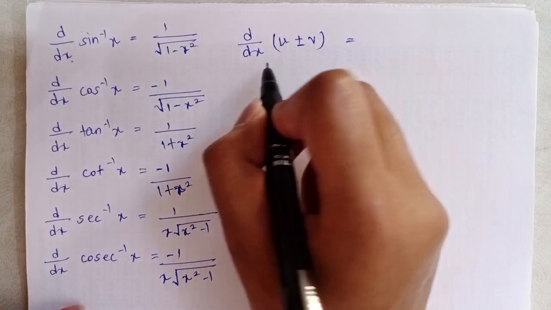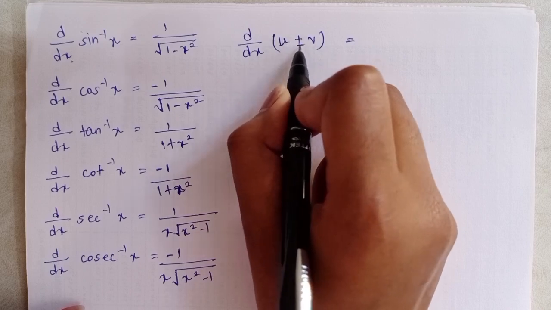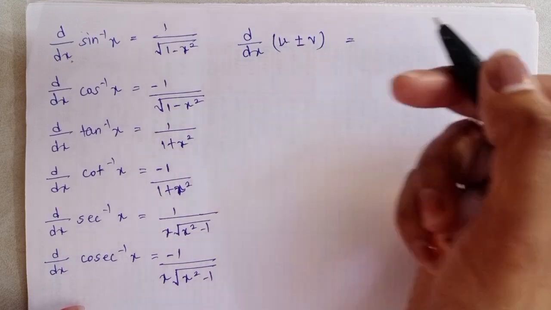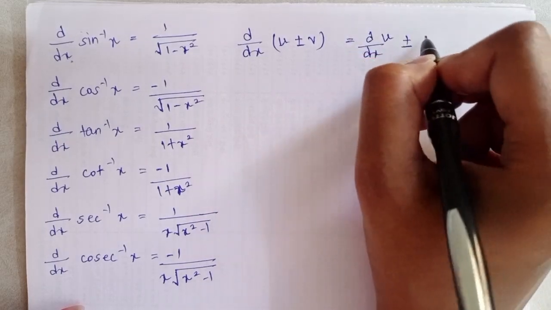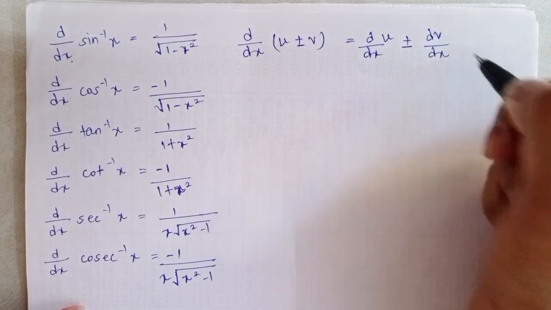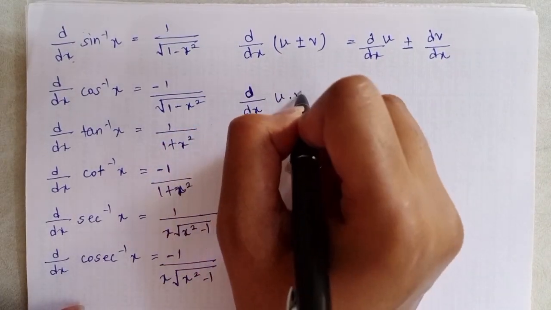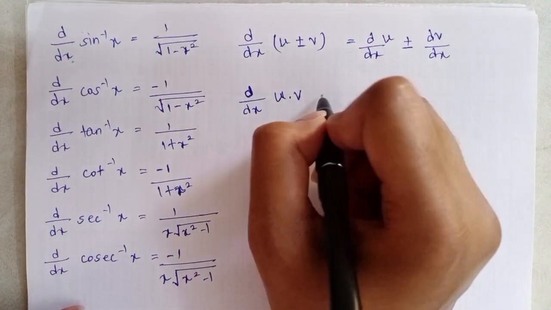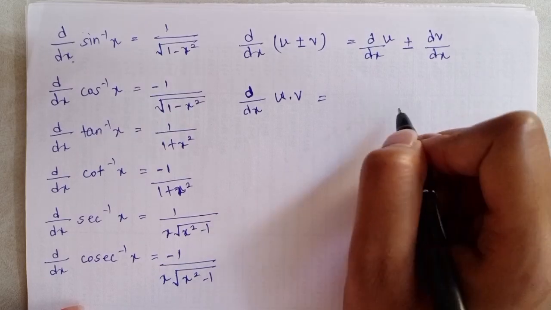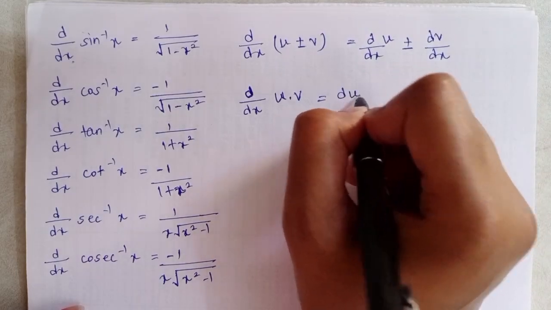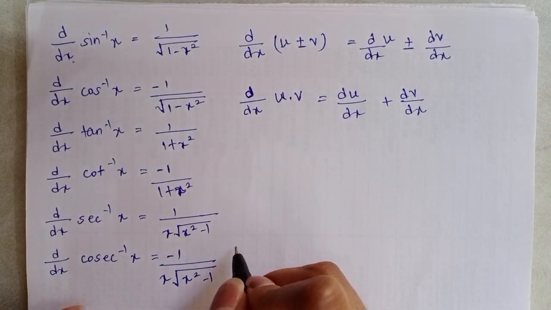In that case we will take separate derivatives and in the middle we will put the same sign as it is, that is derivative of u plus or minus derivative of v.